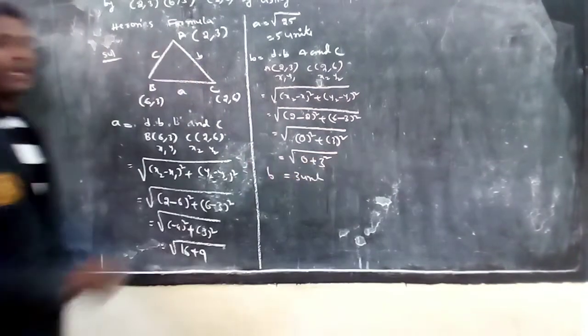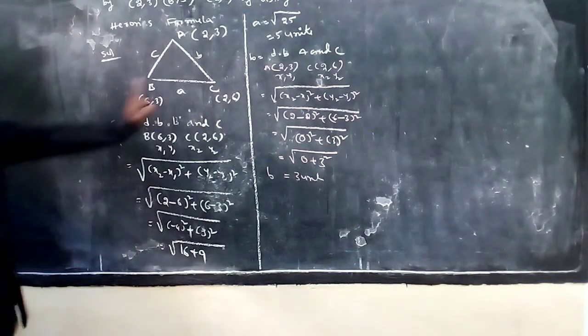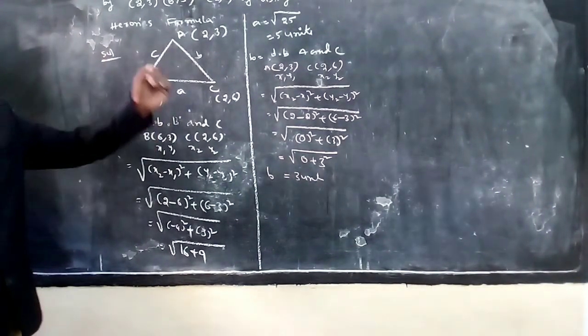Now what is the value of b? 3 units. a value is 5 units, b is equal to 3 units.